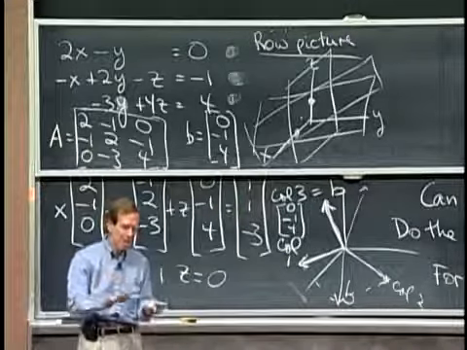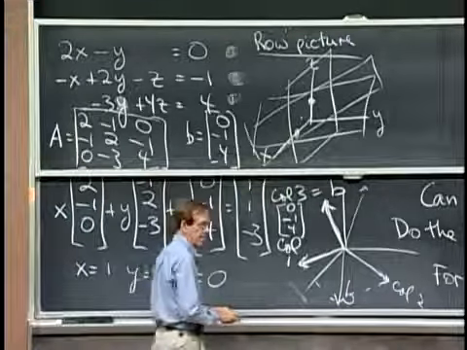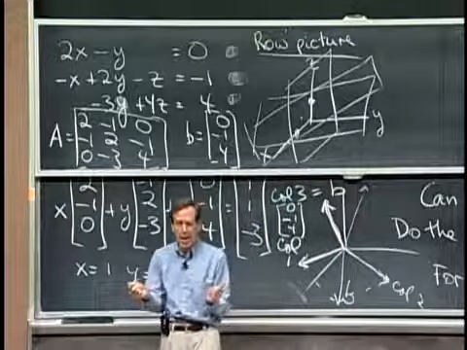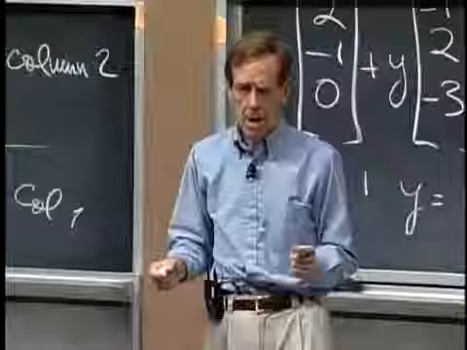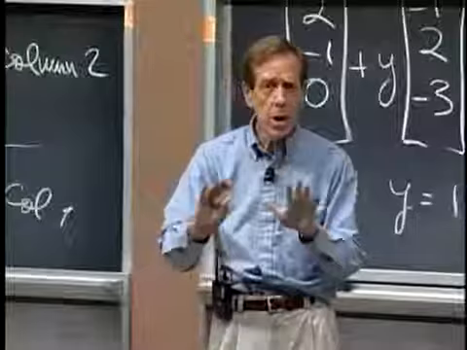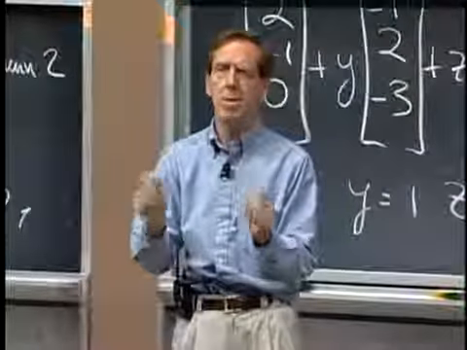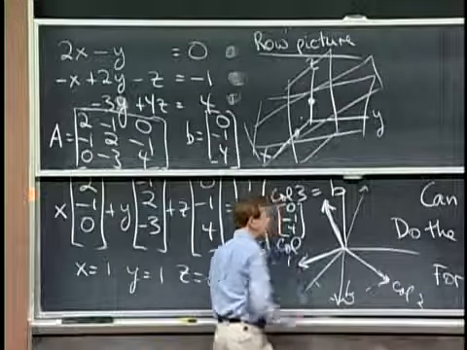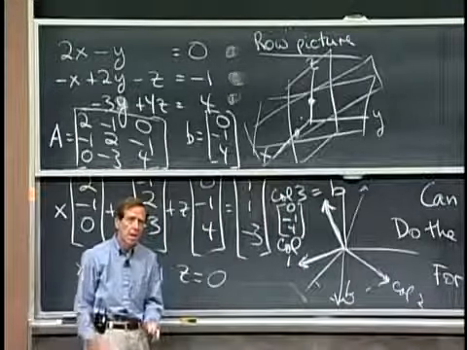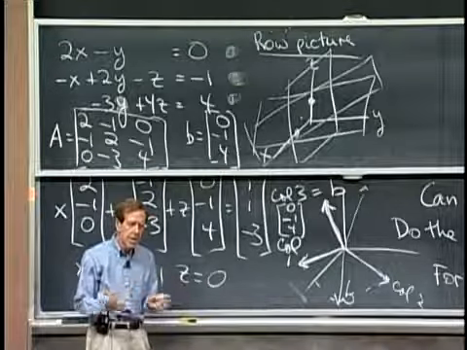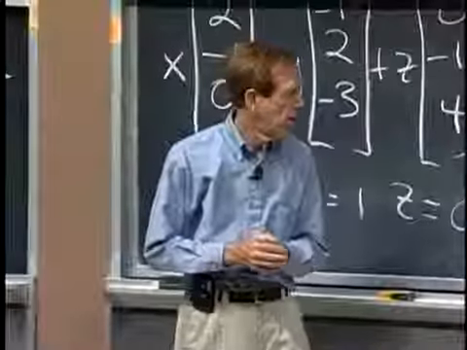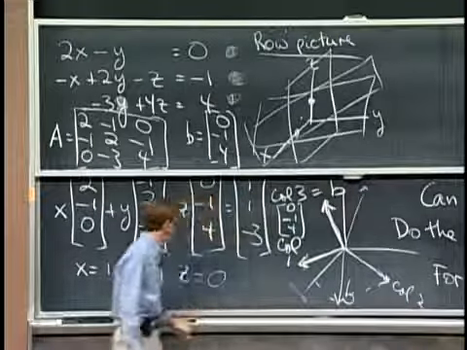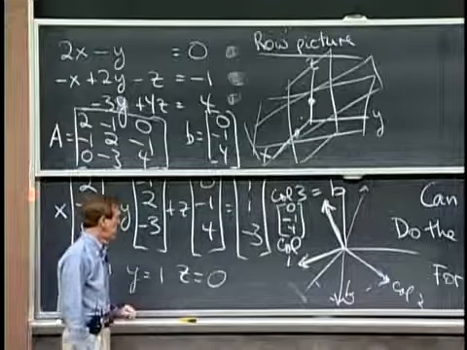When could it go wrong? Let me say when it goes wrong. If these 3 columns all lie in the same plane, then their combinations will lie in that same plane. So then we're in trouble. If the 3 vectors happen to lie in the same plane, for example, if column 3 is just the sum of column 1 and column 2, I would be in trouble.